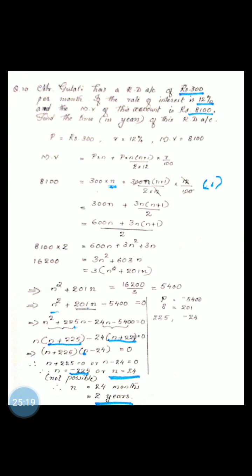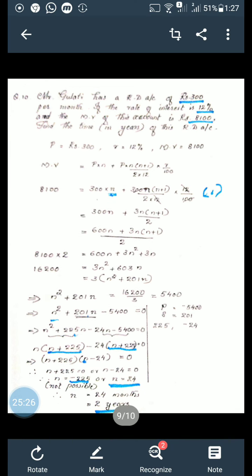Here what is product? Product is minus 5400 into n square, that is minus 5400 n square. We can avoid that n square. Product is equal to minus 5400, and what is the sum here? 201 is sum. So you have to find two numbers whose product is minus 5400 and whose sum is 201.